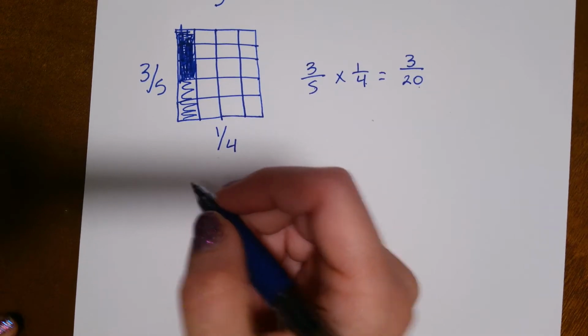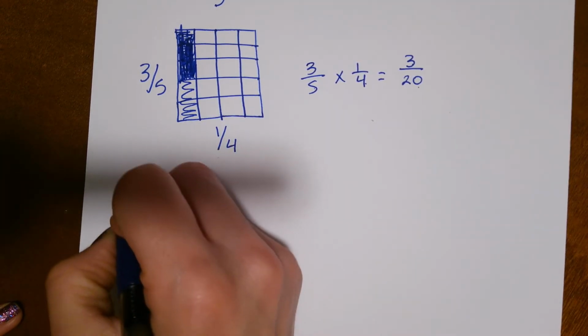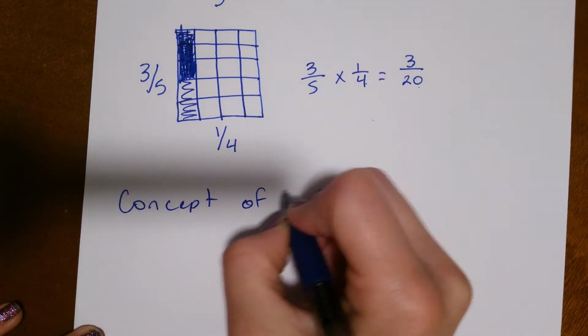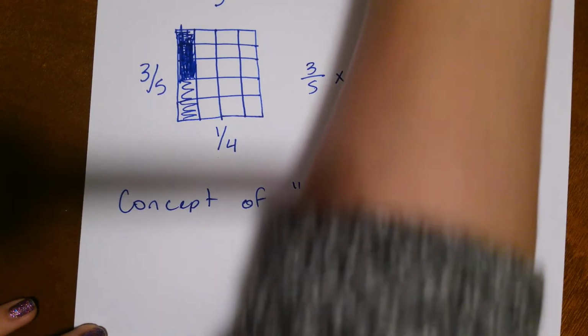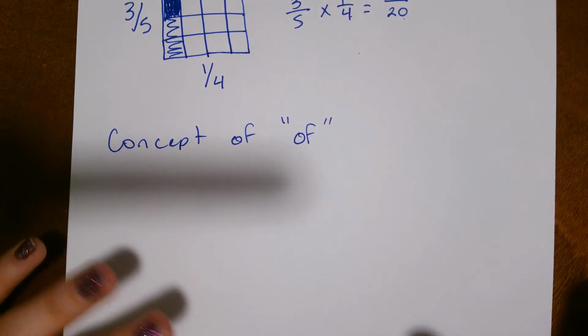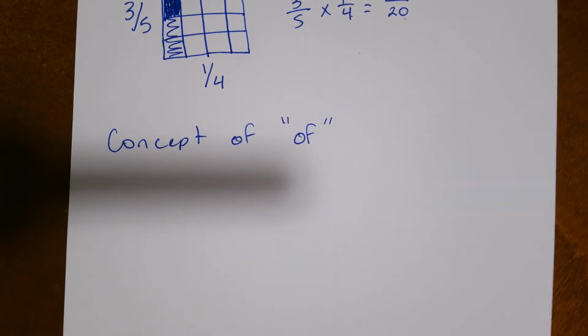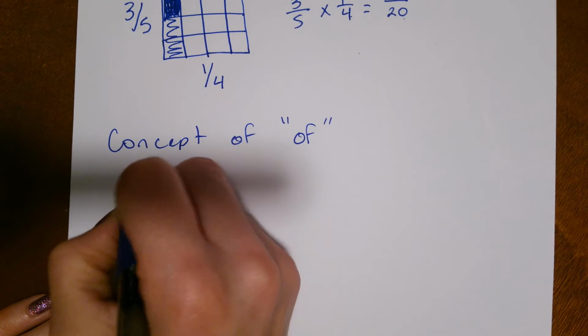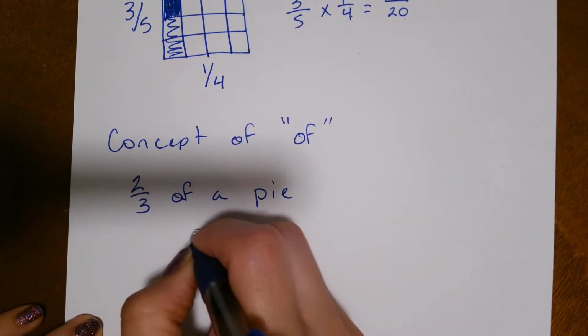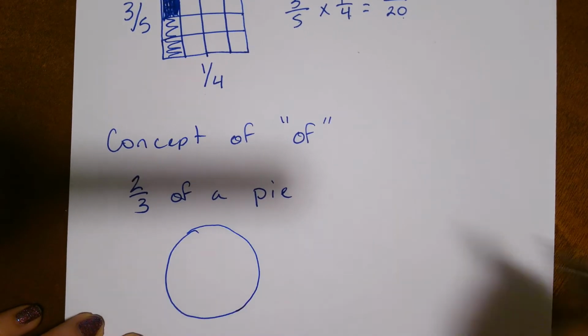goes to the concept of, so let's write that down, the concept of. So we use this terminology a lot just in our everyday conversation, especially sitting at home on quarantine. So if I said that I ate 2/3 of a pie, we have defined what 2/3 means. So you could imagine if I ate 2/3 of a pie, then I have this pie, and what happened to it?